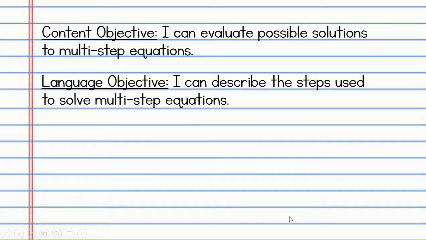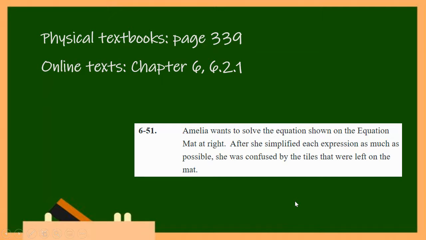Our content and language objectives are still the same as lesson 3. We're still working on evaluating possible solutions to multi-step equations and describing the steps used to solve the multi-step equations. We're still on page 339 in section 6.2.1, but now we are working on problem 6-51.